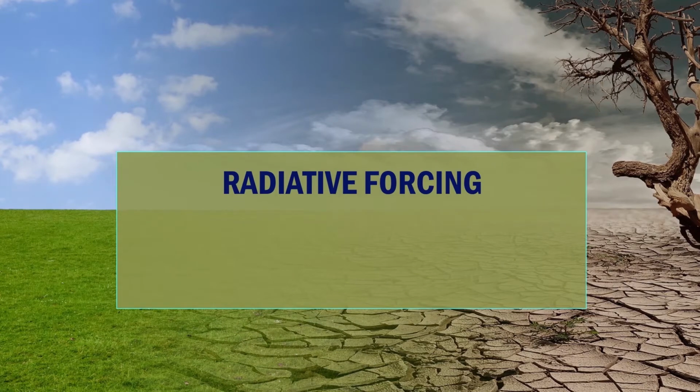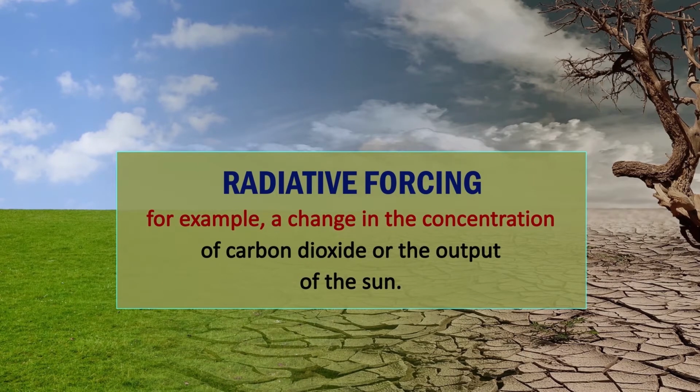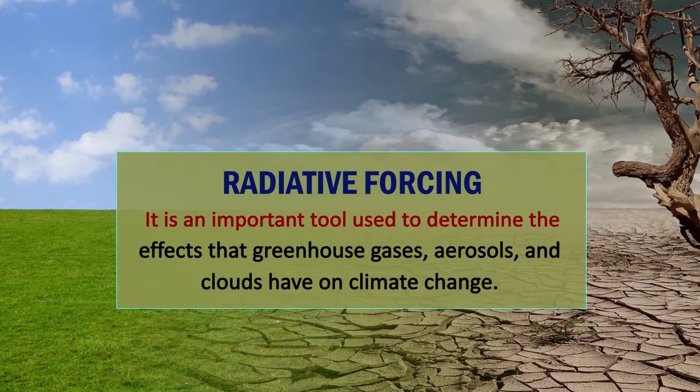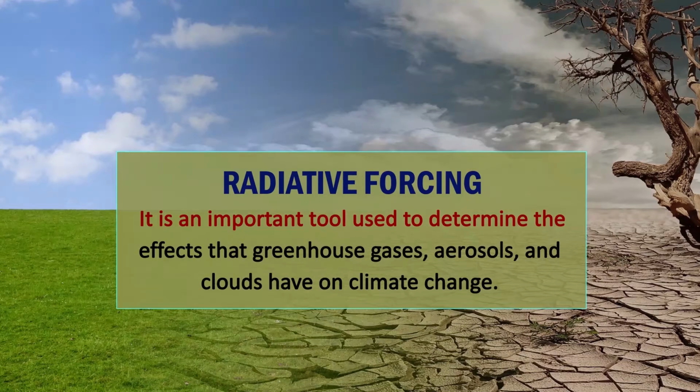For example, for a change in the concentration of carbon dioxide or the output of the sun, for each and every driver we can have the radiative forcing values. It is a very important tool indeed, used to determine the effects that greenhouse gases or aerosols or clouds have on climate change.